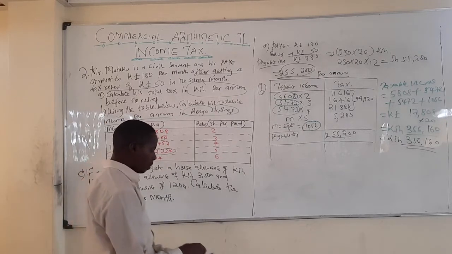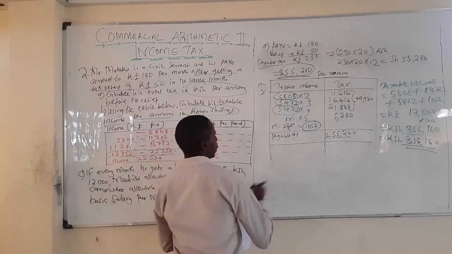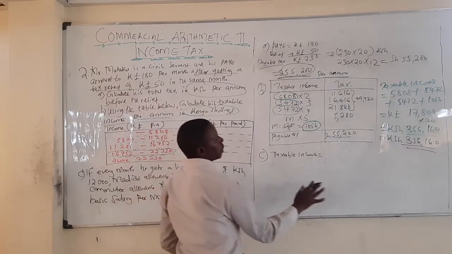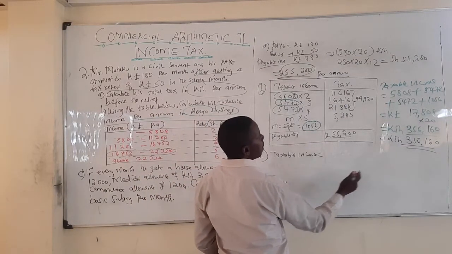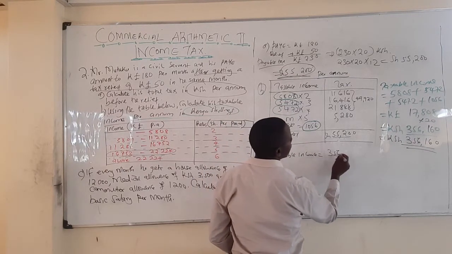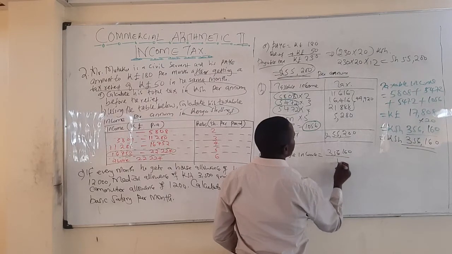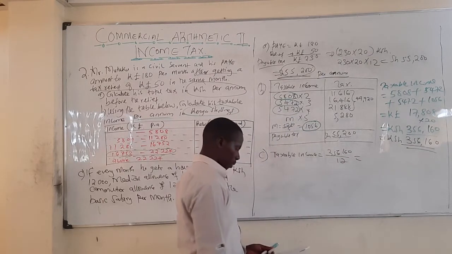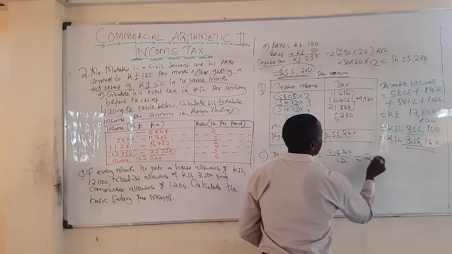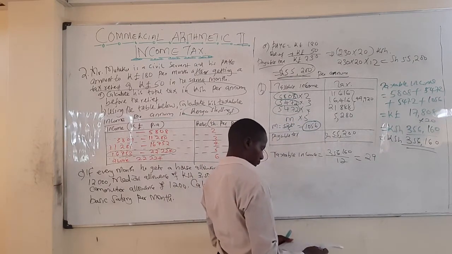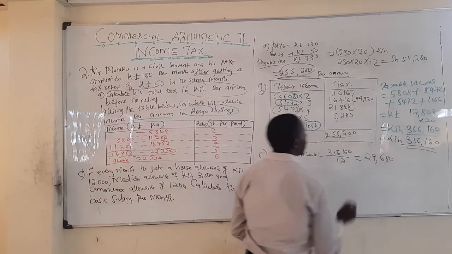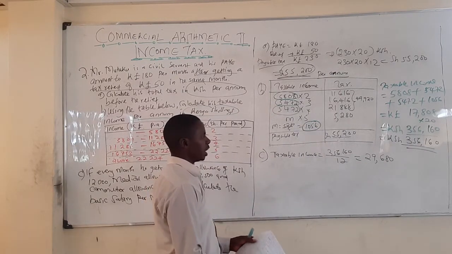The taxable income, which we had per annum, is 356,160. We divide by 12 to make it per month, and this is going to give us 29,680. So that is our taxable income in Kenya shillings per month.